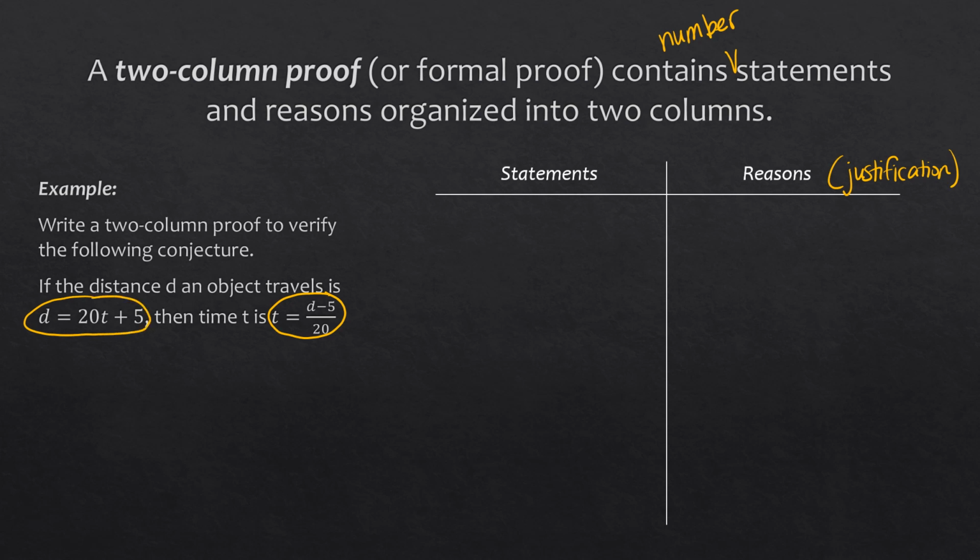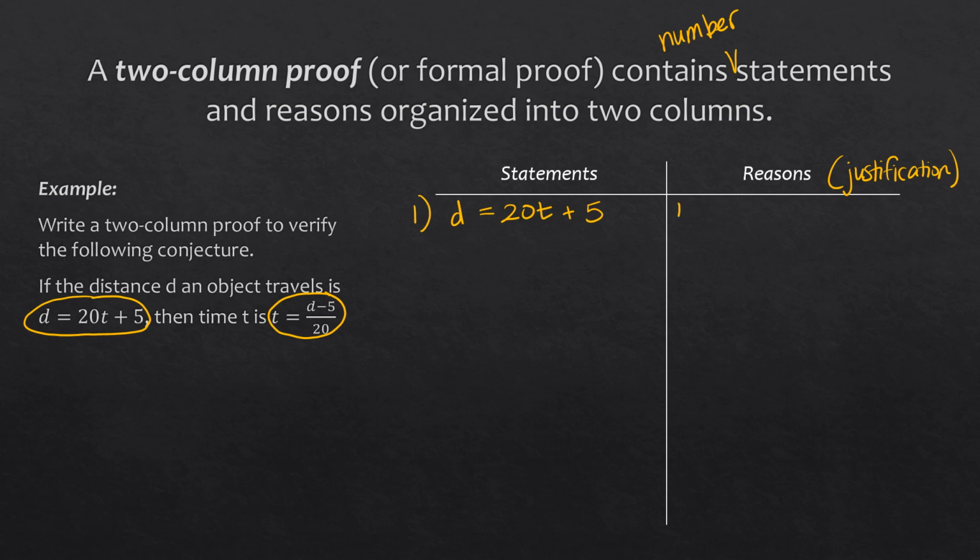In other words, in this particular proof, we're literally just going to be taking what we're starting with and getting to what we're ending with, and with each step, providing a reason, providing some kind of property of equality. So let's go ahead and start. I'm going to go ahead and write my first statement, number one. We're going to start just with that original equation, d equals 20t plus 5.